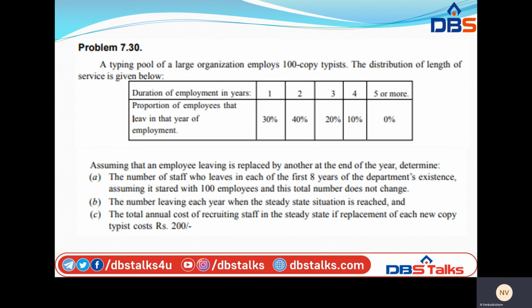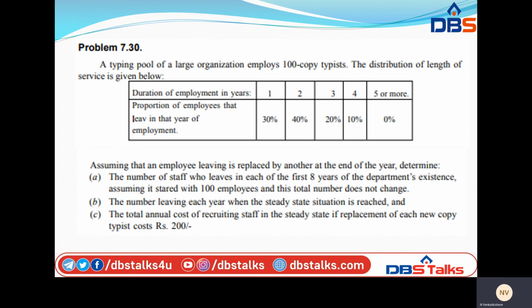Assuming that an employee leaving is replaced by another at the end of the year. So here, how many employees were leaving? For the first year 30%, for the second year 40%, for the third year, that is a duration of 3 years, 20%, for 4 years 10%.